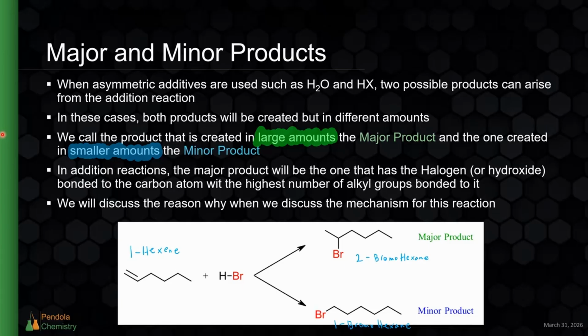What exactly does that mean, and why does it happen? The why does it happen we're going to discuss in a little bit when we discuss the mechanism of this reaction, how this reaction happens. But let's discuss what this means exactly.